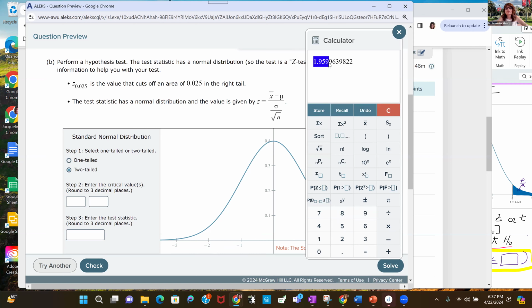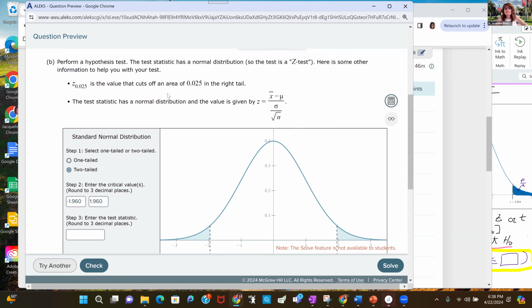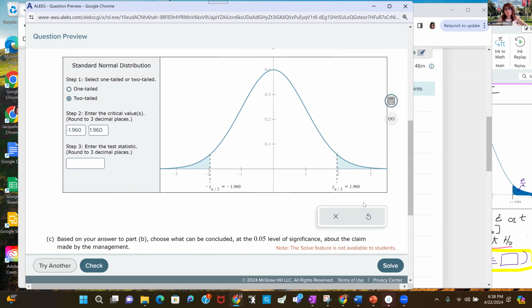You get positive 1.960 and negative 1.960 because a Z distribution is symmetric. So you've got the two tails forming the rejection region. And then we calculate the test statistic and see if it lies in the rejection region.